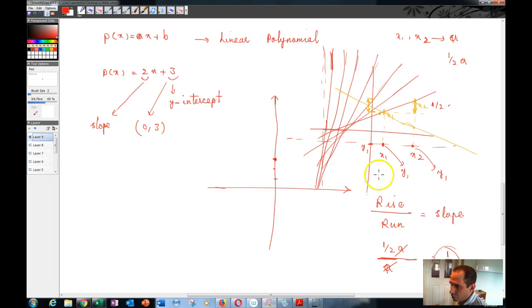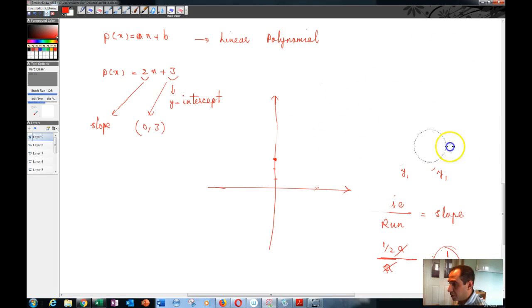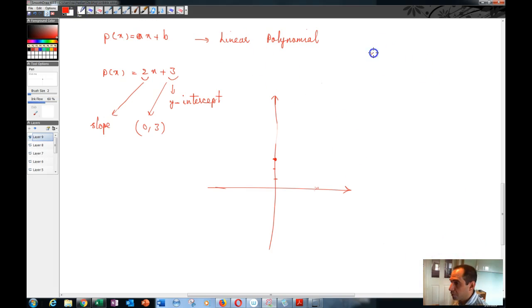Or, for example, if the slope of a line, which is usually denoted by m, is equal to 1, that means that your rise over your run is equal to 1.